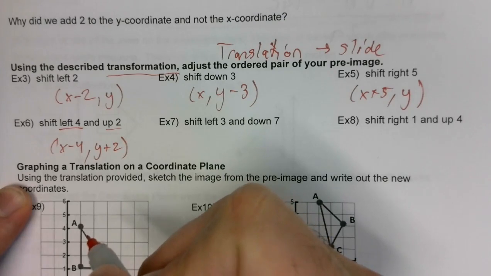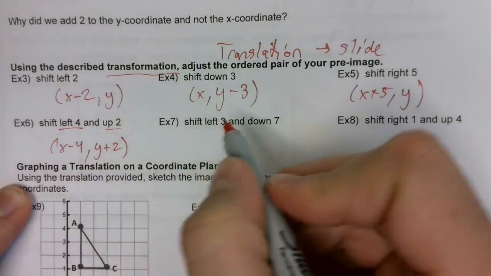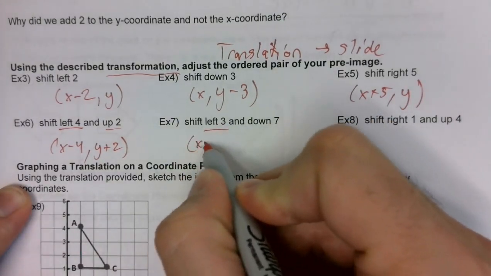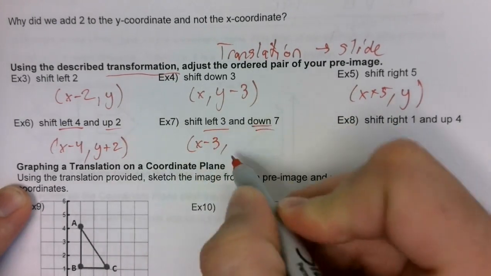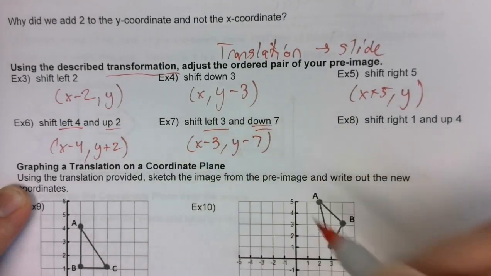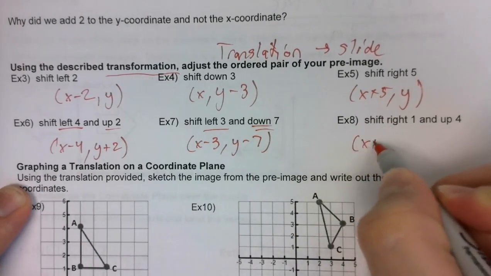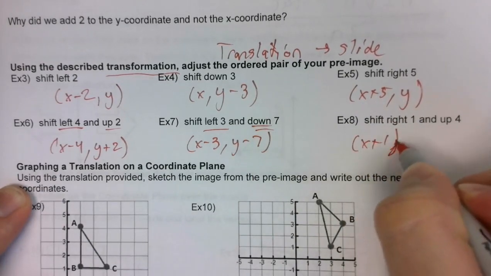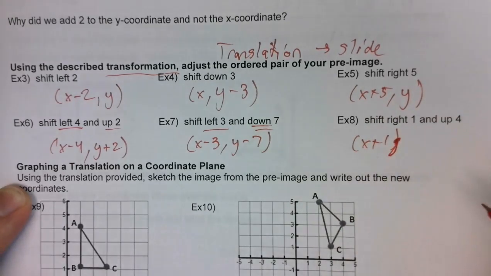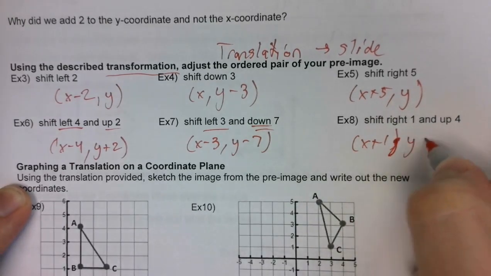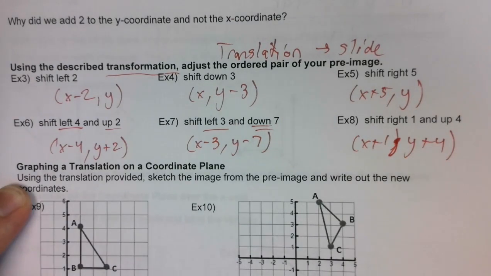Down is negative, up is positive. So left 3 would be x minus 3. Down 7 would be y minus 7. Right 1 would be x plus 1, comma, and up 4 would be y plus 4.